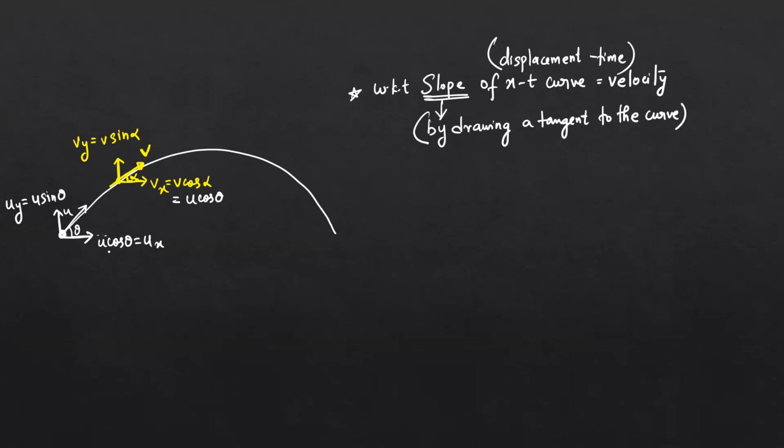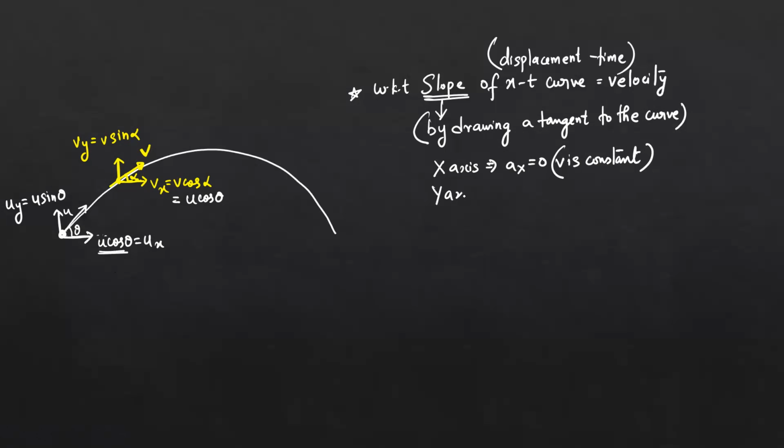Because along the x-axis, acceleration was 0, so velocity is constant along the x-axis. The initial velocity along the x-axis was u cos theta, so it is going to be u cos theta throughout.